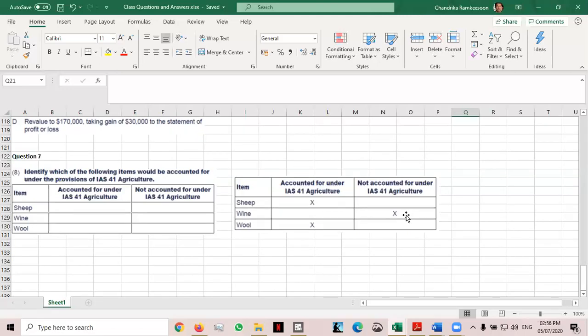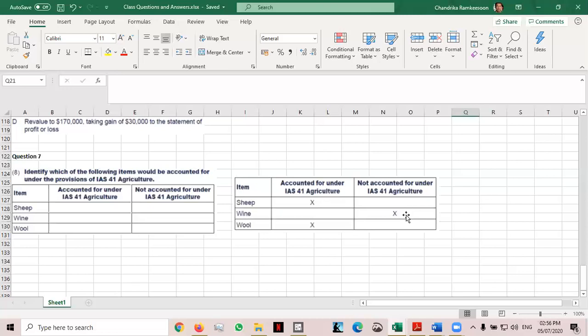Now the grapes themselves would be the produce, and that would be under IAS 41. So at the point of harvest, when the grapes are harvested, that would be IAS 41. But when the grapes have been converted into wine, further processing takes place, then it would be IAS 2. So the wine here, now had this question said the grapes, it would have been under IAS 41.